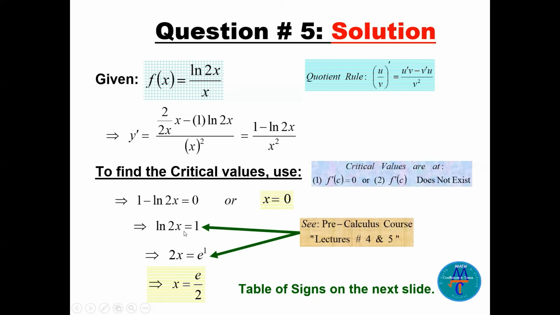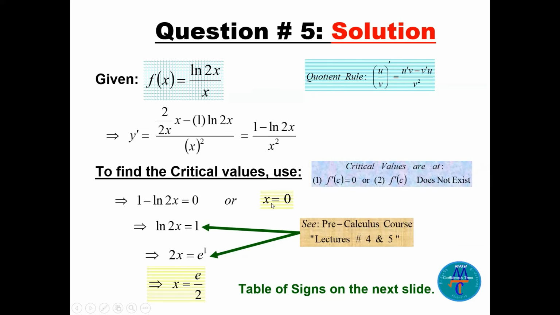You will reach this equation here, ln of 2x is equal to 1. Then you can use the pre-calculus course, lectures 4 and 5, to go from logarithmic to exponential. This is a logarithmic equation. ln means the base is e, so I can change it to exponential. 2x is equal to e to the power 1. So x will be e over 2.